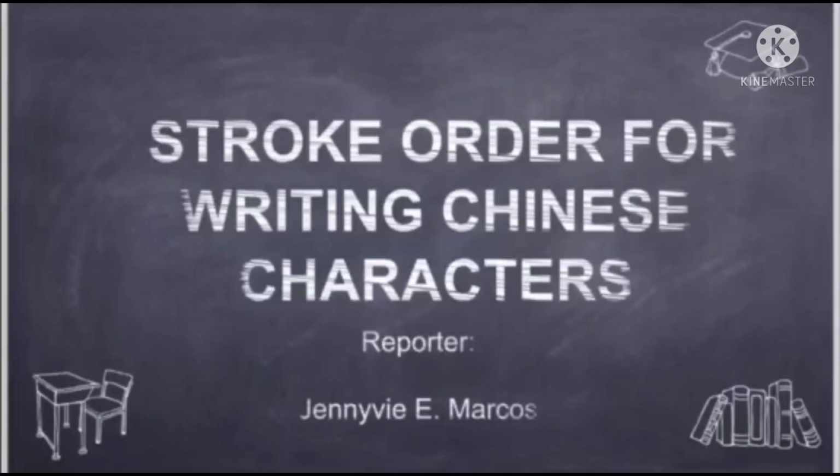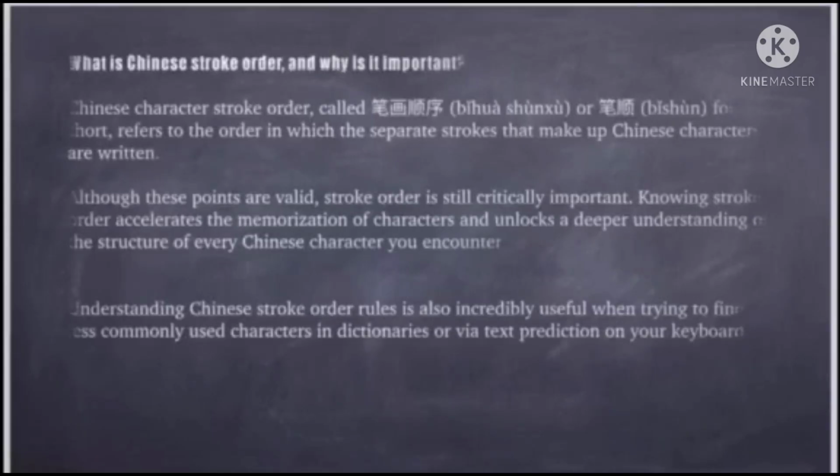Stroke order for writing Chinese characters. What is Chinese stroke order and why is it important? Chinese character stroke order, called bihua shunxu, or bishun for short, refers to the order in which the separate strokes that make up Chinese characters are written.